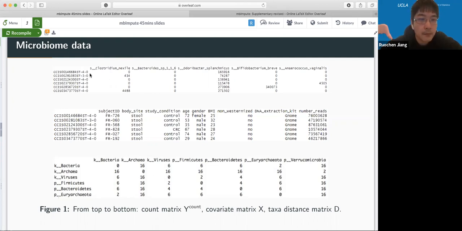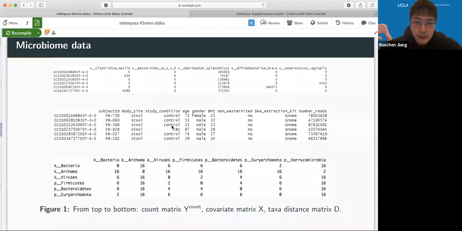In each row, each number indicates, you can think of it as, one patient, for example, in the human microbiome data. And you can see that for those same patients, they have their covariates.